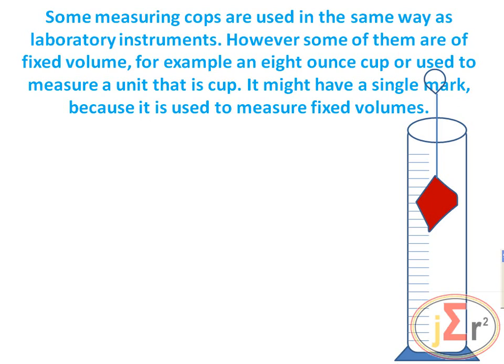When you want a cup of water or a cup of cornmeal, you place it in that cup until it gets to that single mark, because it is generally used to measure fixed volumes.